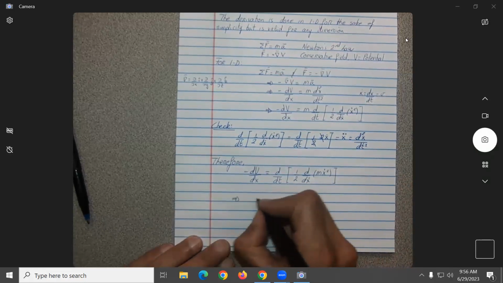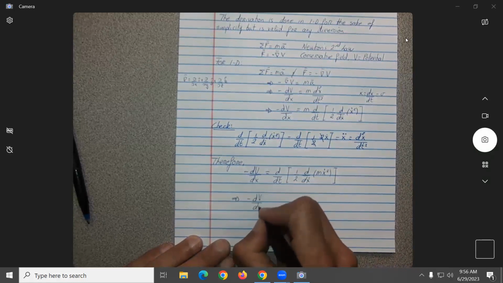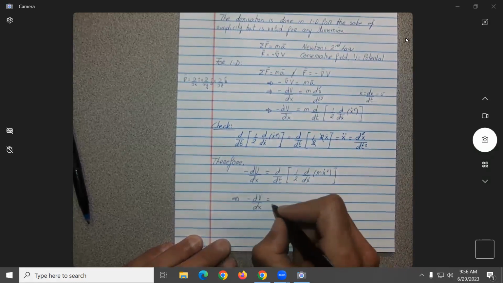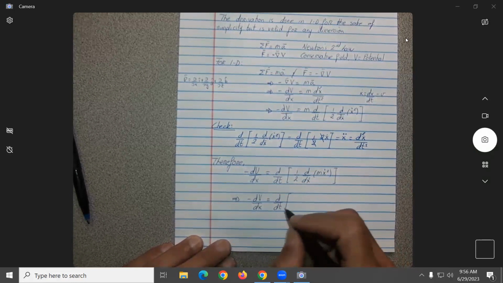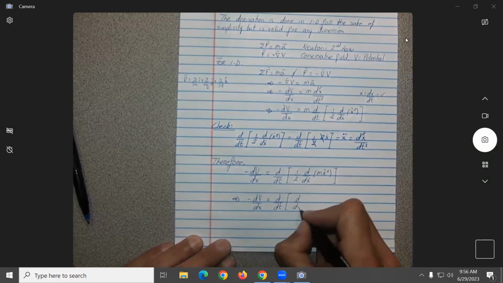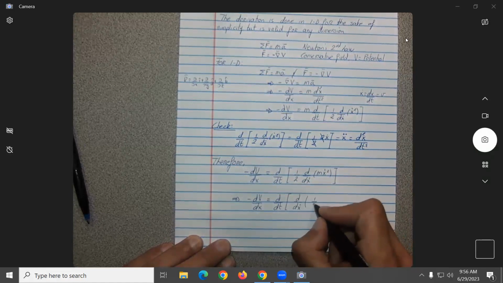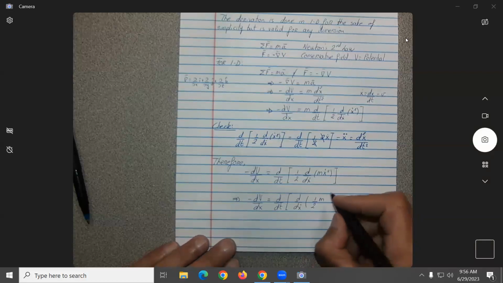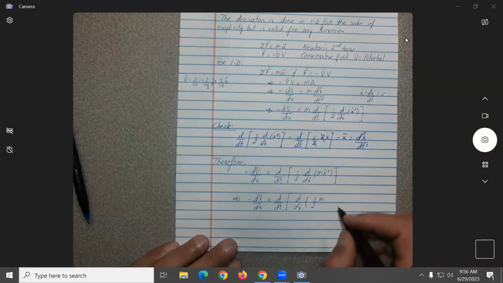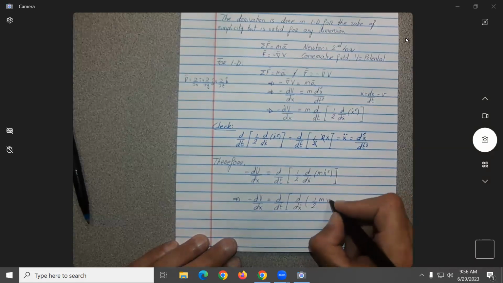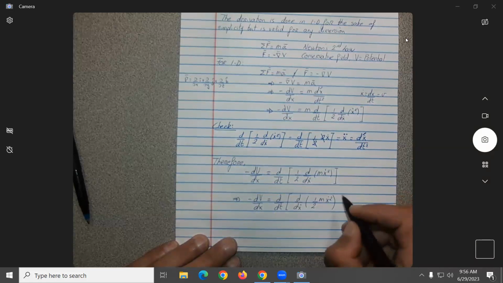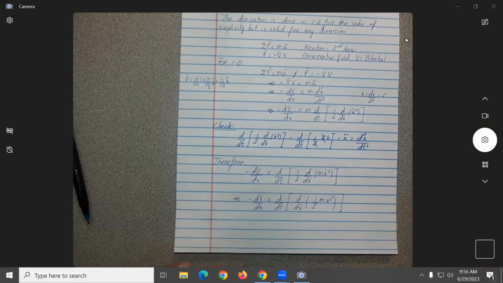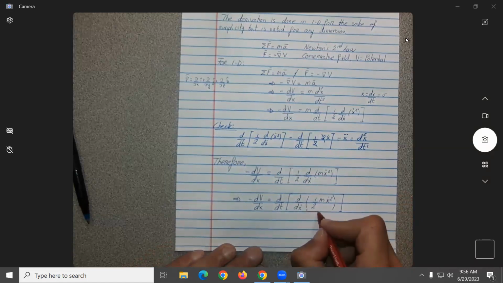Okay, I can just rewrite now, minus dV dx equal d dt of d dx dot of 1/2 m x dot square. But as we said, what is really this?